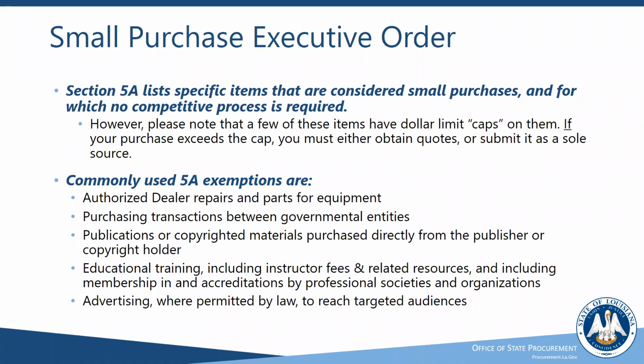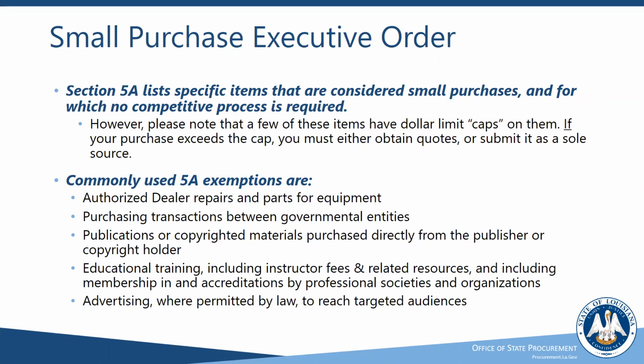Commonly used 5A exemptions are authorized dealer repairs and parts, purchasing transactions between governmental agencies, copyright materials, educational training materials, and this also includes memberships and accreditations. There's also advertising to reach targeted audiences.